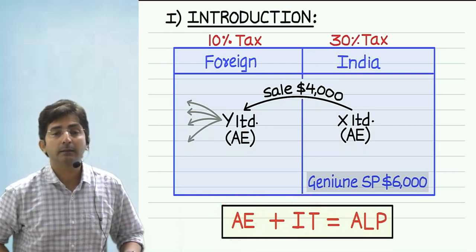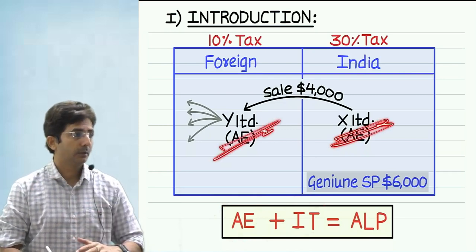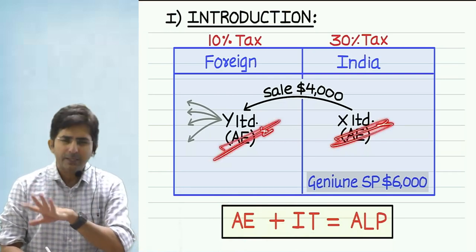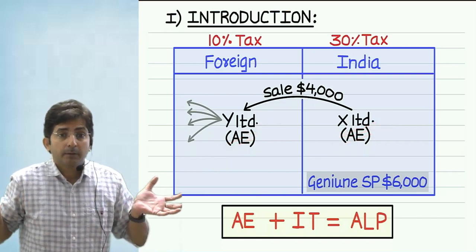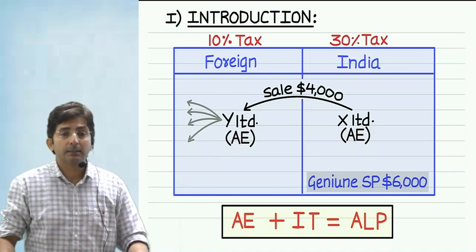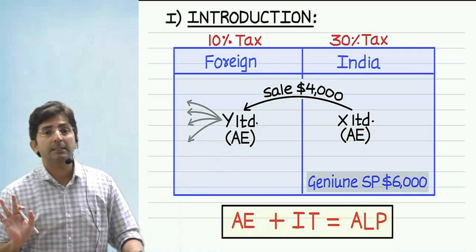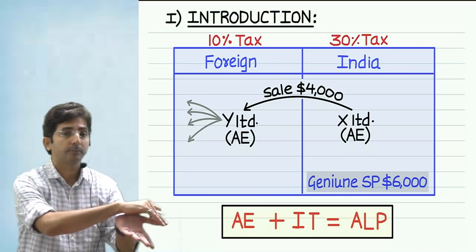Which two conditions? Firstly, between X and Y there has to be some association. What is that association? I have yet to explain. I will explain. But the first condition is there must be an association between X and Y. And the second condition is it should be an international transaction where there are chances that profit will shift from one country to another country.